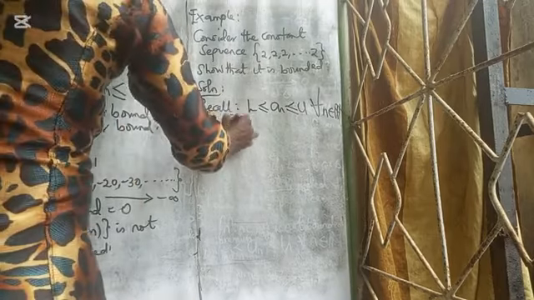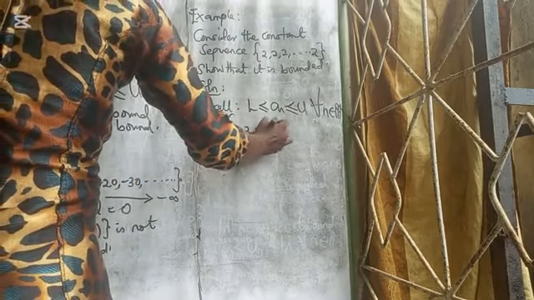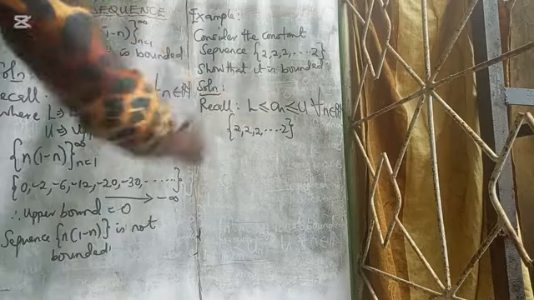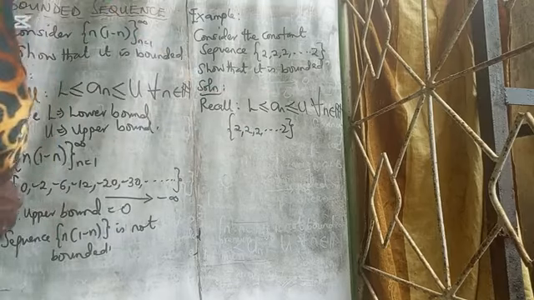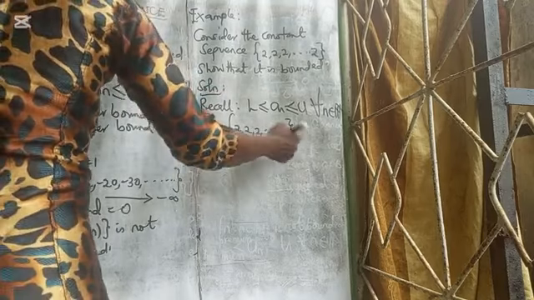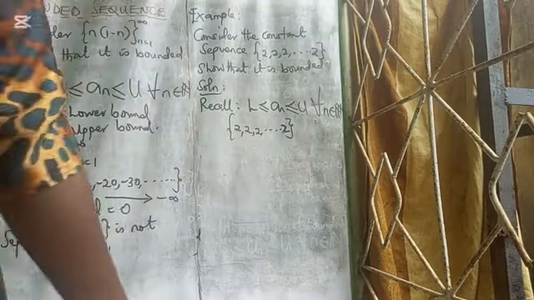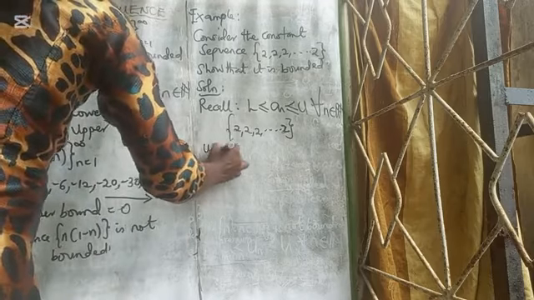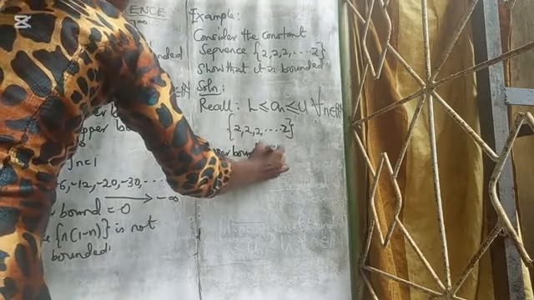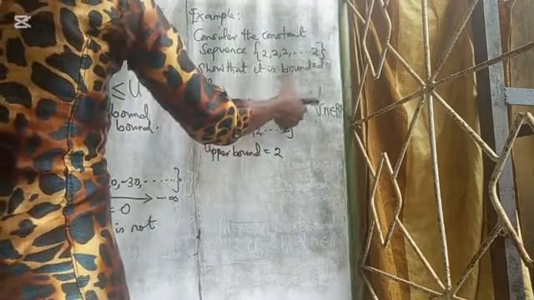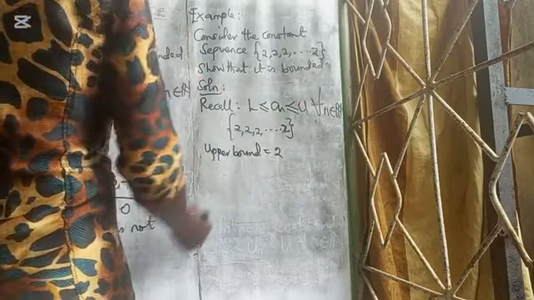Now looking at the sequence of constants 2, we have 2 all through, and it is also a finite sequence. So what's our upper bound here? Our upper bound is 2, because every term of the sequence is less than or equal to 2.